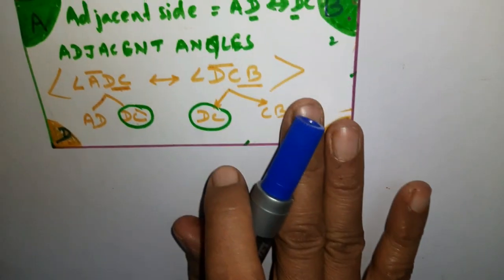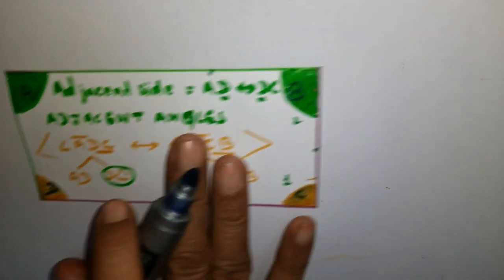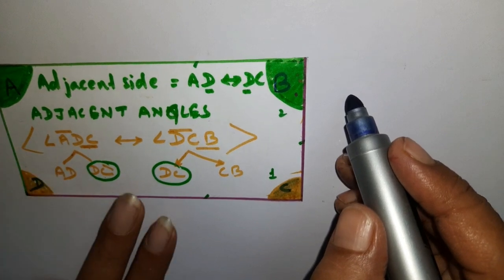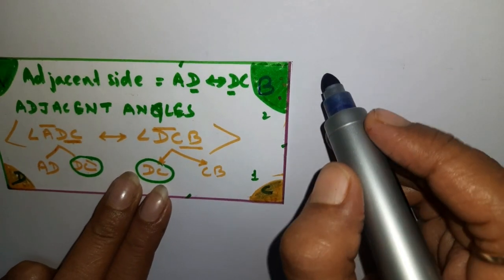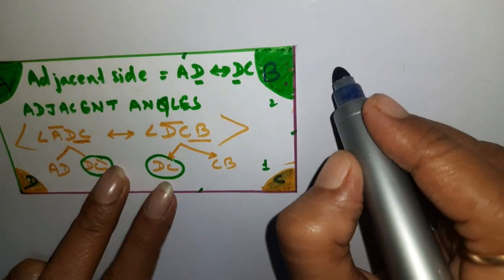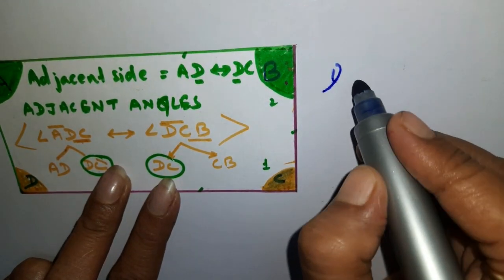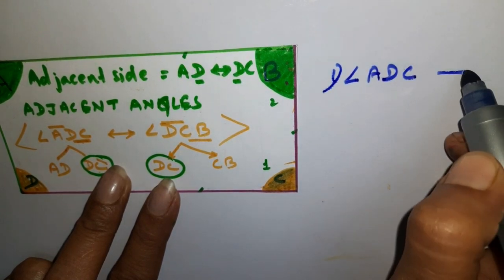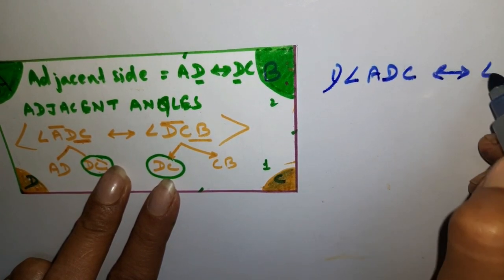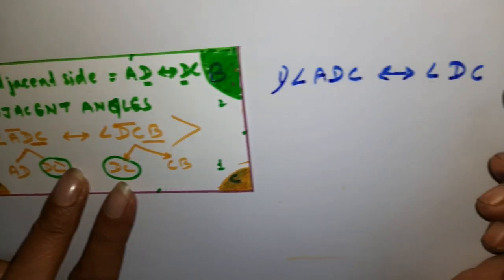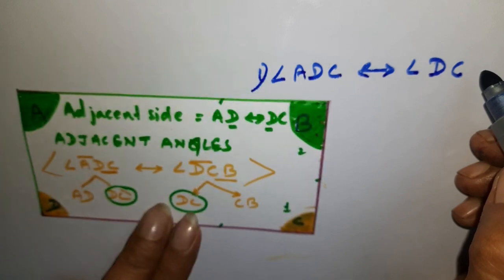Okay, let me write it up for you here. I'm just writing here only so that it will be more clear to you. So if we take an angle, this one we have already written. Let me write all. Okay, so angle ADC is paired up with angle DCB.